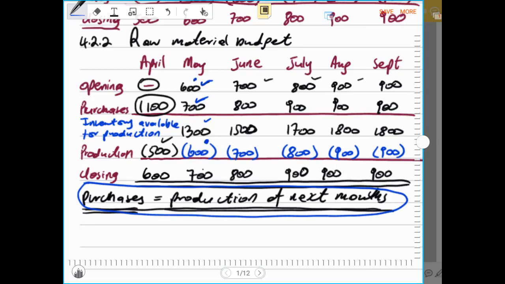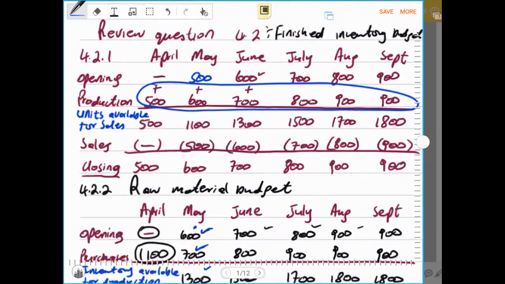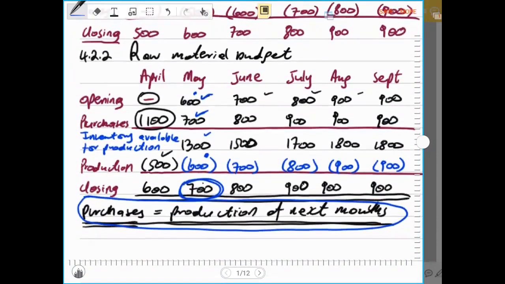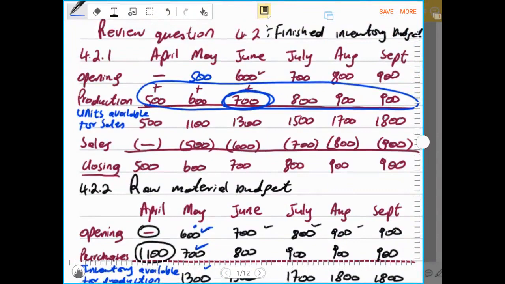So if we deduct the production of this month, what is left is 700. And whatever is left here as 700, it has to be equal to the next month production. And our next month production is 700. Is that next month production equal to closing? Yes, it is really equal to our closing, because our closing is 700 and our next month production is 700.